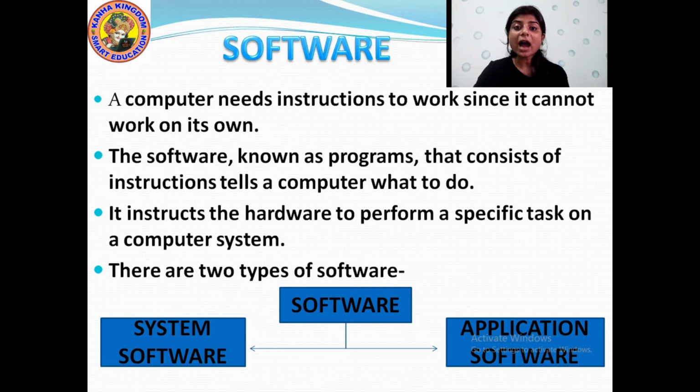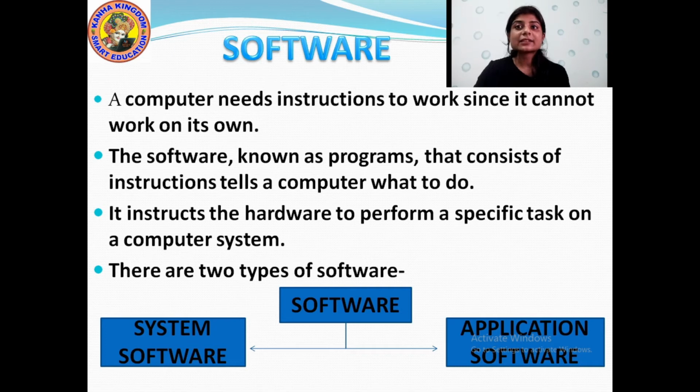That means we ask a computer to perform whatever we want to. We ask a computer to work according to our instruction. Those are called programs, and software is also known as programs, which tell a computer what to do, because a computer cannot work on its own because it is a machine.